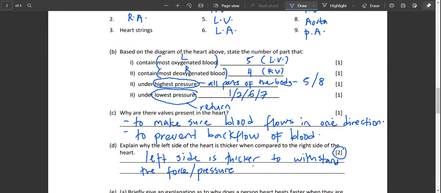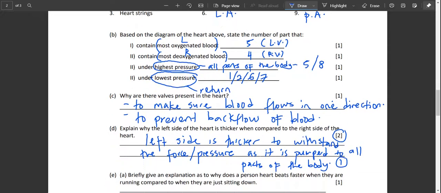That's 1 mark, as it is pumped to all parts of the body. That's another 1 mark. You have to mention it is pumped to all part of the body. That's why there is a pressure there. So 1 mark there, 1 mark there.